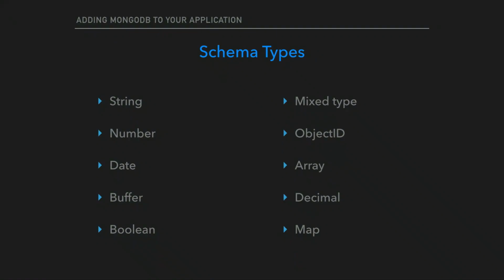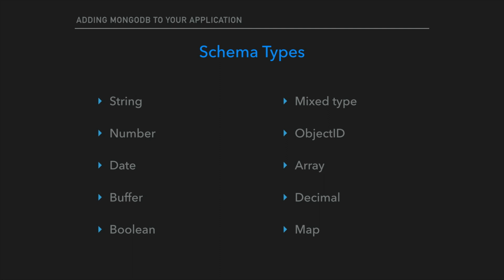When creating a schema for MongoDB, you would need to define the schema types that make up your schema. So the types that you can include in your schema are string, number, date, buffer, Boolean, mixed type.